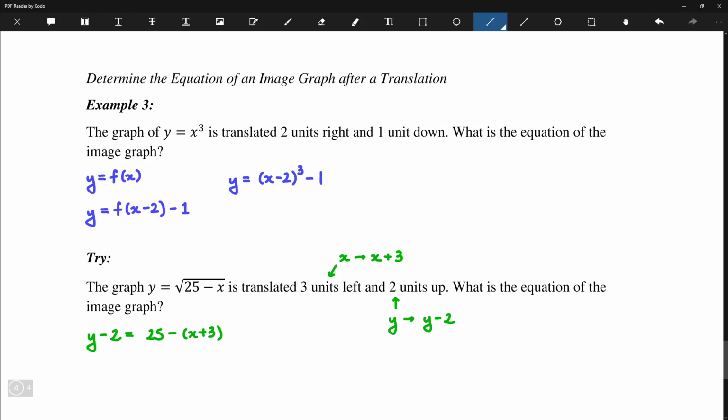And then we can now add in the square root. Okay, let's go ahead and simplify this a little bit. So of course, the 2 can be added to the right-hand side of this expression.